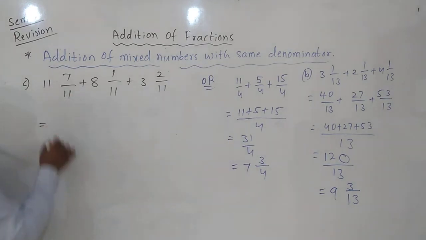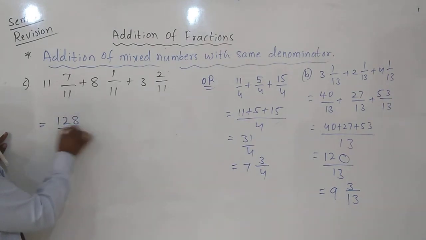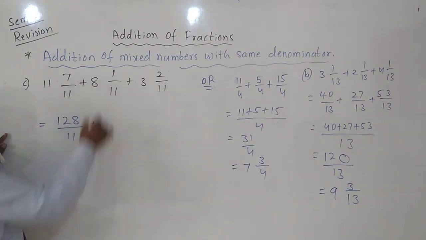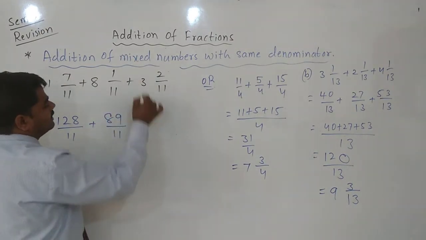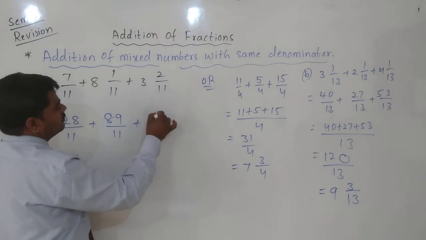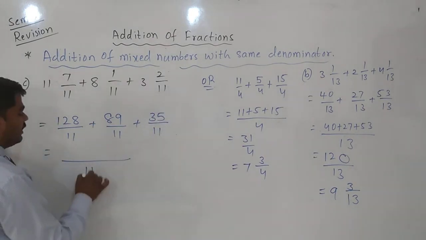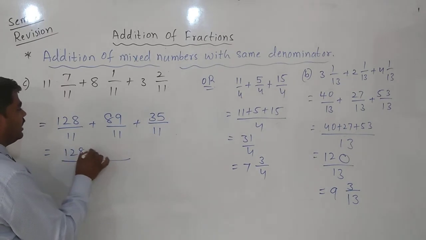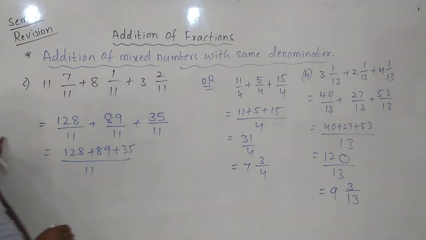11 elevens are 121 plus 7, 128 by 11. 11 eights are 88 plus 1, 89 by 11. 11 threes are 33 plus 2, 35 by 11. Bring 11 as common: 128 plus 89 plus 35.